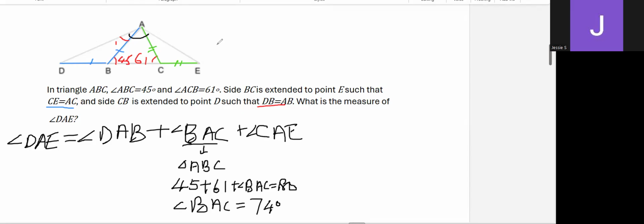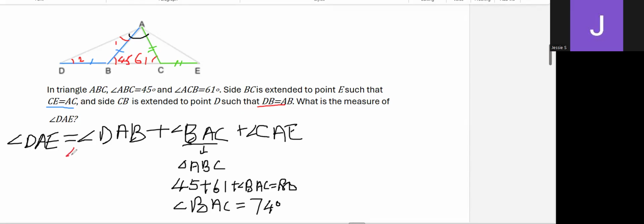Please remember, we're given that AB and DB are congruent. So triangle ABD is an isosceles triangle. One property of an isosceles triangle is that the base angles are congruent. So angle 1, I'll name this one angle 2. Angle 1 and angle 2 are congruent angles. What's more is that 45 degrees is an exterior angle for triangle ABD.